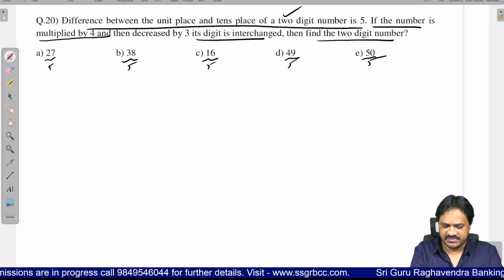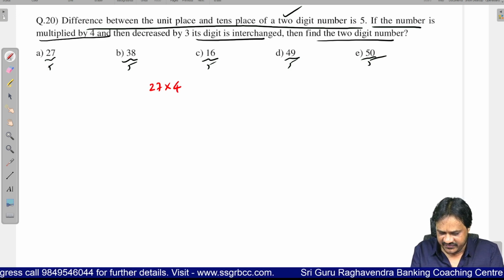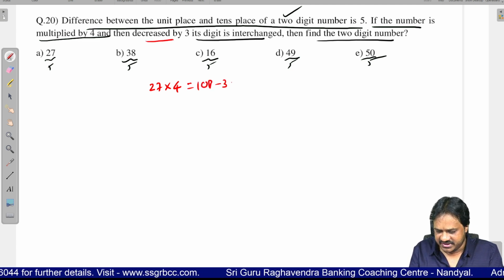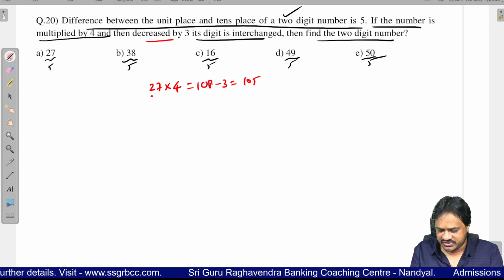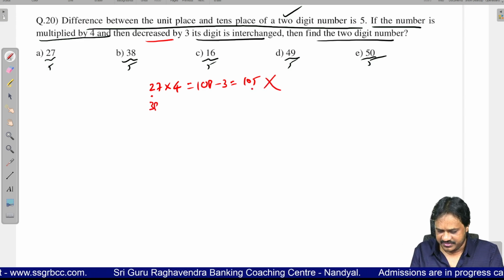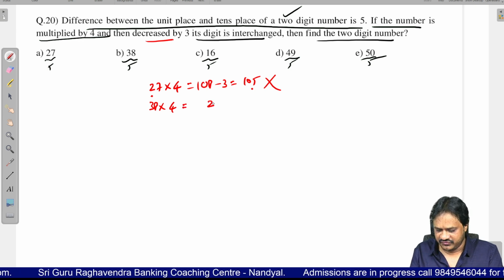If the number is multiplied by 4, let us take the first option, 27. If it is multiplied by 4, it is 108. Then decreased by 3, it is 105. Is 27 the reverse of 105? No. Now go by the second option. It is 38. 38 into 4. So 4 8s 32, 152.